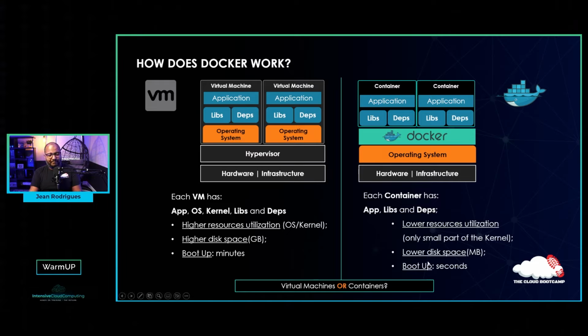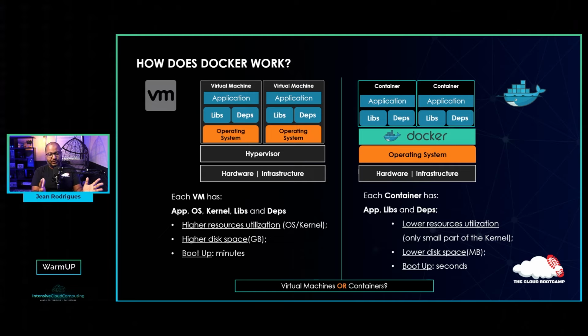And because of that, it is going to use a lower amount of disk space, because it doesn't need to have the operating system inside of itself. And then it's going to boot up in just a few seconds, because the container doesn't need to handle all the operating system boot up process that usually happens with a virtual machine.